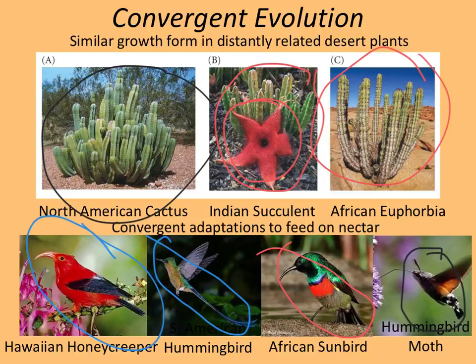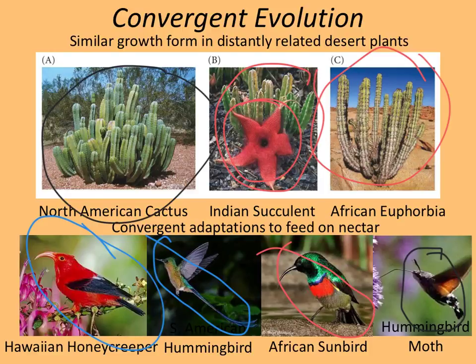So, all of these birds feed on nectar in plants, and they pollinate plants accidentally. So they all have bills that allow them to put their bills into a long corolla and get the nectar, so that the plant has long corolla so that only things that are good pollinators can actually get access to it.